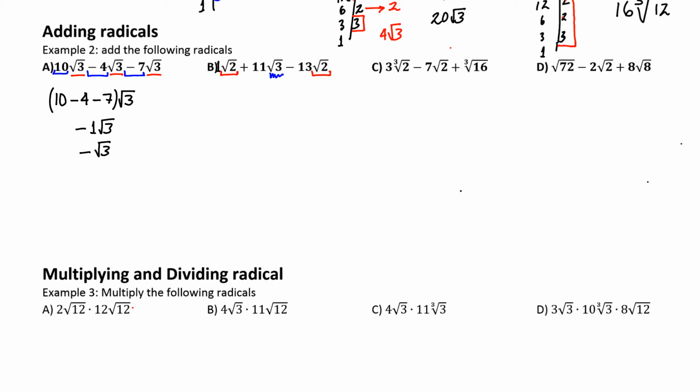So you're going to have 1 from this one minus 13 square root of 2 plus 11 square root of 3. You're going to get -12 square root of 2 plus 11 square root of 3 as your final answer. Now it's a little bit better, okay, but that's as much as we can simplify for the moment.